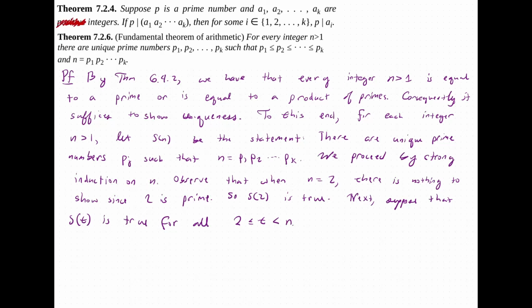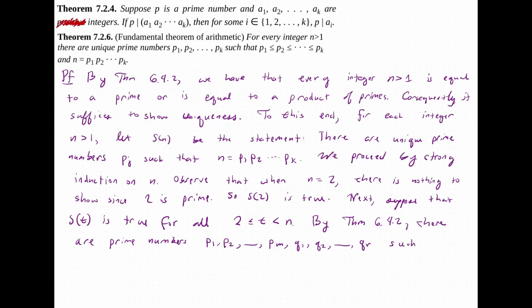So we now use theorem 6.4.2. So by theorem 6.4.2, there are prime numbers, let's call them P1, P2, all the way to some P sub m, and then we also have Q1, Q2, all the way through some Q sub r, such that n is equal to the product of P1, P2, all the way to P sub m, and that in turn is equal to Q1, Q2, all the way through Q sub r.